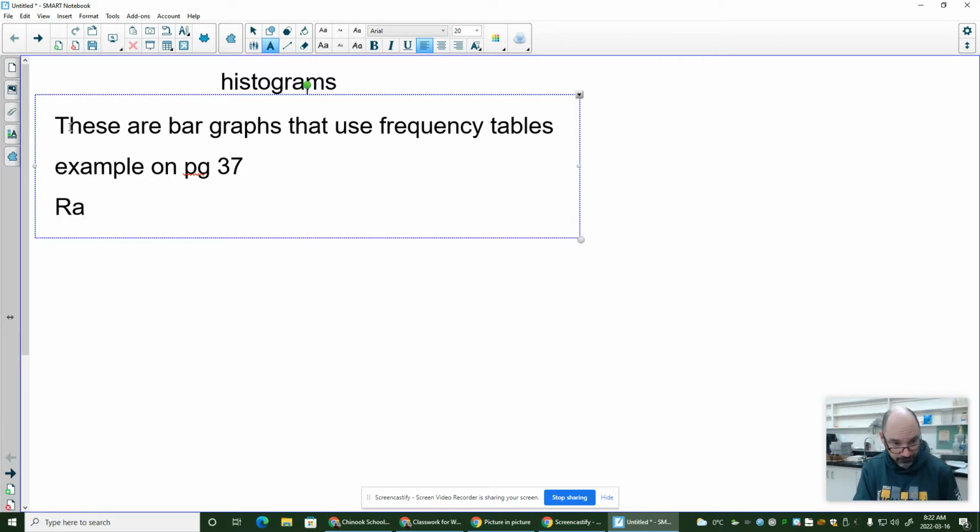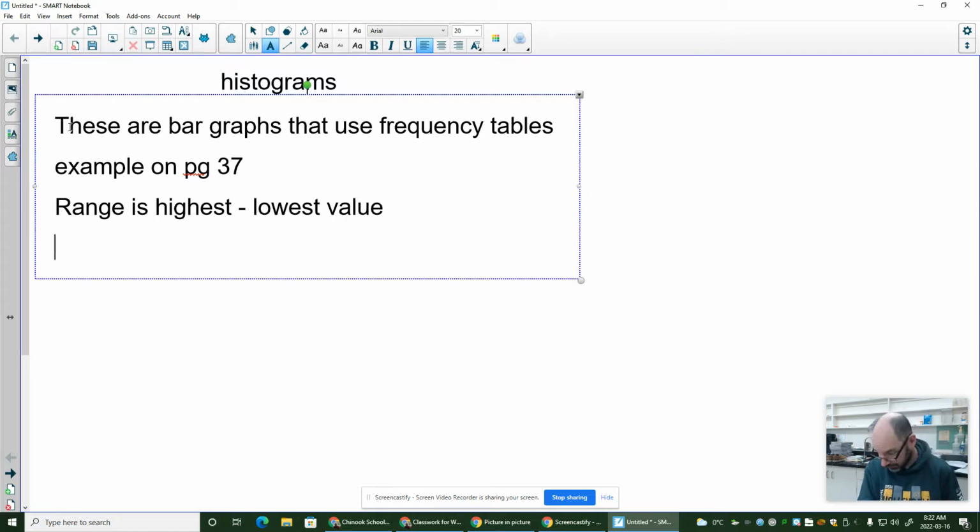So in our example, it's 836 minus, okay, and we can look at the side there, and the smallest one is 59, I believe. 59.